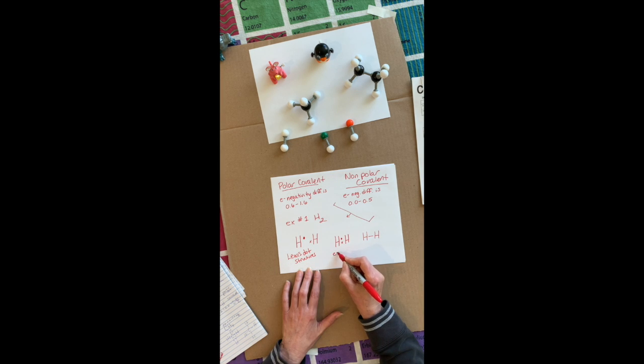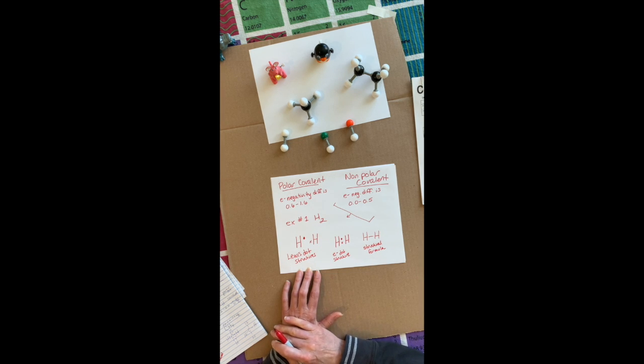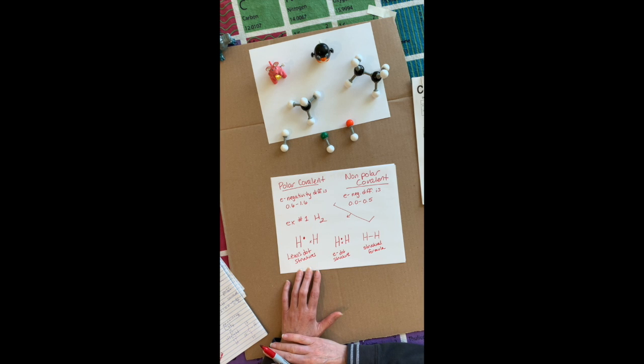So while this is the electron dot structure for this compound, this would be the structural formula for diatomic hydrogen. And that dash represents 2 electrons.